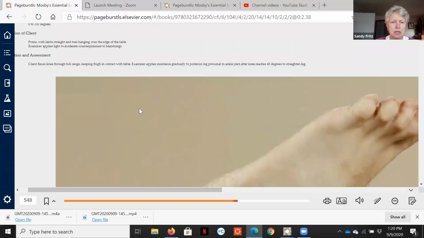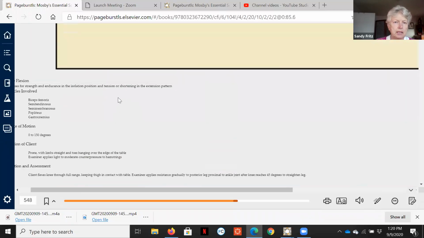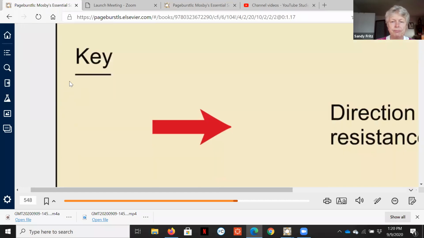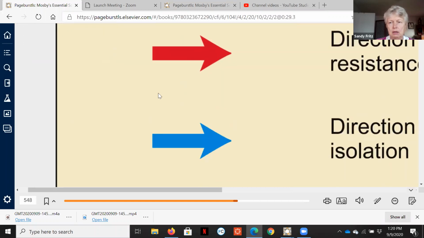Okay, now, as we get to these activities in chapter 10, the application, along with learning how to position and what muscles are involved, is also some very simple muscle assessment for whether or not the muscle structures can produce the movement, and a hold against resistance.